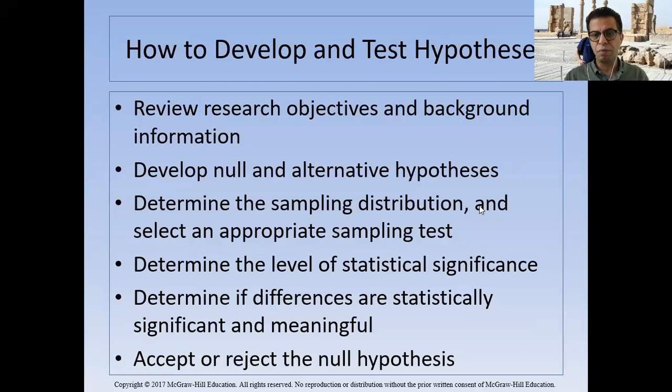Now, once we get all this information, the variance, the mean, the mode, we start to test our hypothesis and see whether it is true or not.